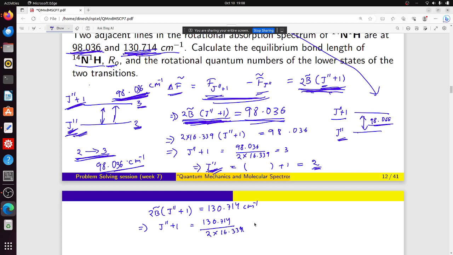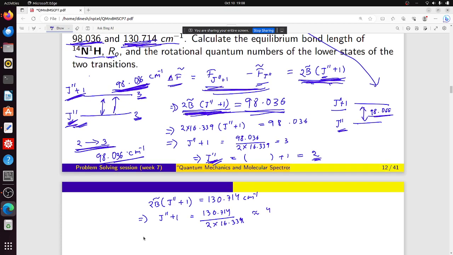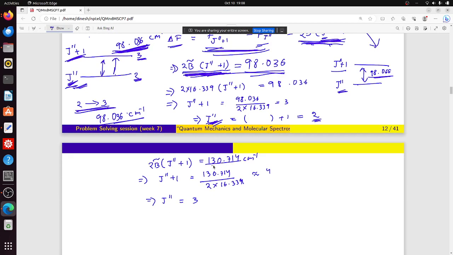If you solve this, this will give approximately 4. Then j double prime will be 3. So for this line, the transition is happening from j double prime equal to 3 to j double prime plus 1 state equal to 4.